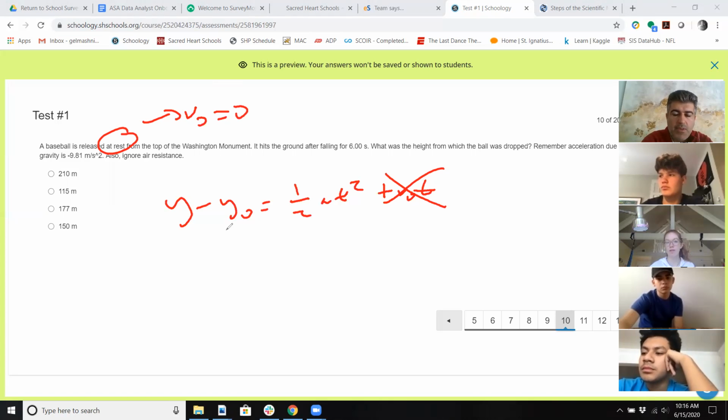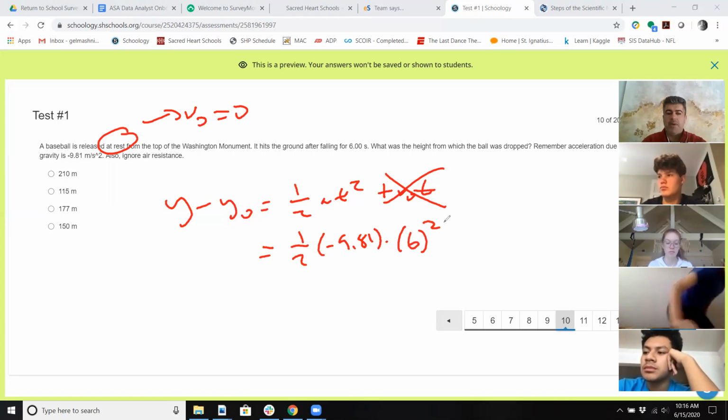You want the height, so we're going to solve for that eventually. Now you're going to do 1/2 times negative 9.81 times t squared, which is 6 squared. I'll just use my graphing calculator, which I have in my backpack right here. Negative 9.81 times 36 divided by 2. So you do get negative 177.